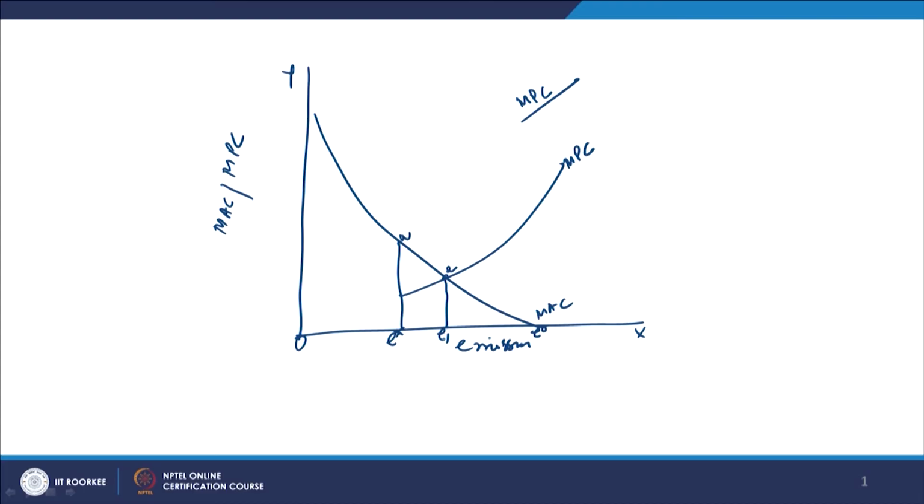Now, if emission level is E0, then you can see the firm, under reference company firm, will emit. So, if emission level is at E0, because at E0 the MPC is much higher, you can see at this point MPC or penalty is much higher than the cost of abatement.